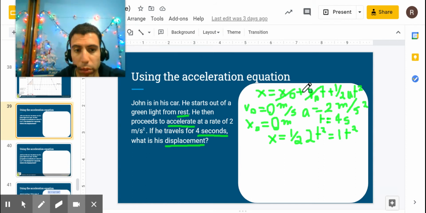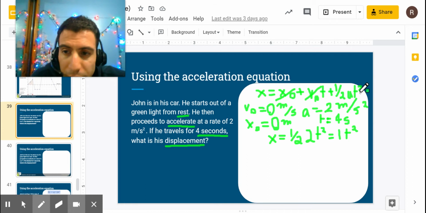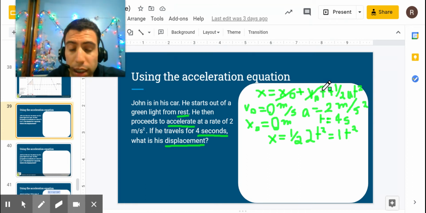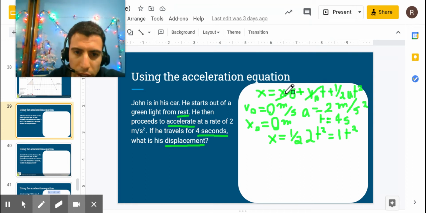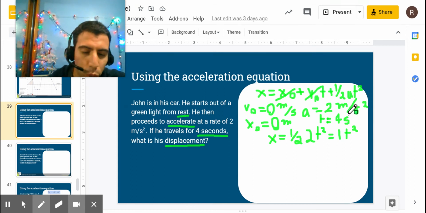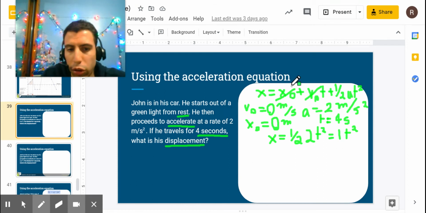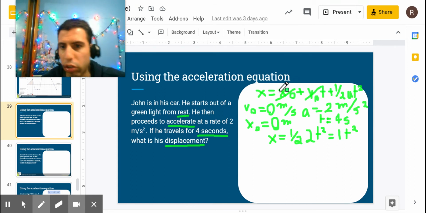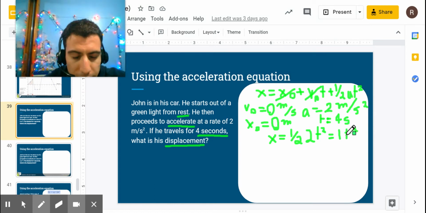Basically, I'm using my displacement equation and just plugging in t. In this case, I didn't have a velocity or an initial point, or I chose to make my initial point 0, just setting out my number line. When I did this, I got this. Then let's plug in 4 seconds.